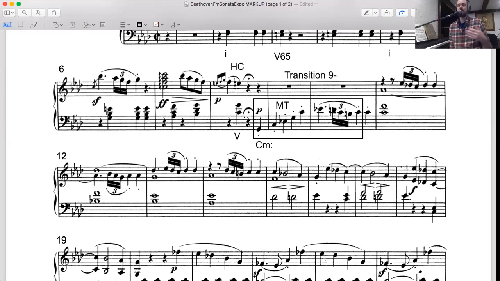And again, we're loosening a lot of the reins here. We're not going to be seeing modulations that are quite as textbook necessarily, but we've got the motion moving away, slowly getting ourselves down here.